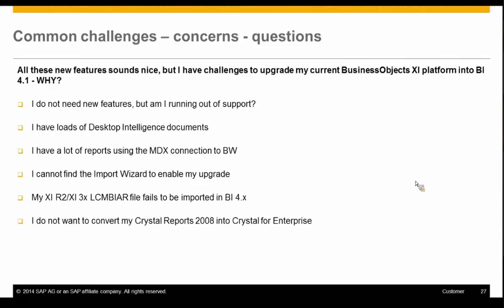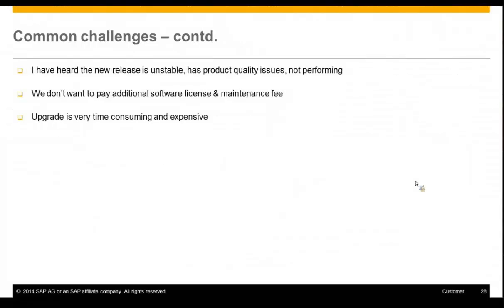Some of them I've highlighted here, for example, quality and stability issues, and that upgrade is usually time-consuming and expensive. We've heard all these challenges, and we are actively working to address them.